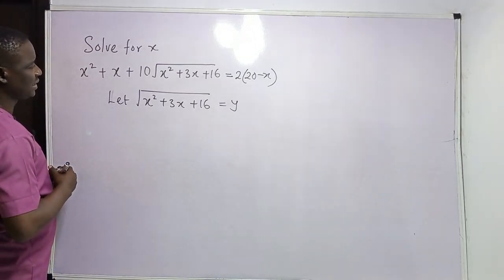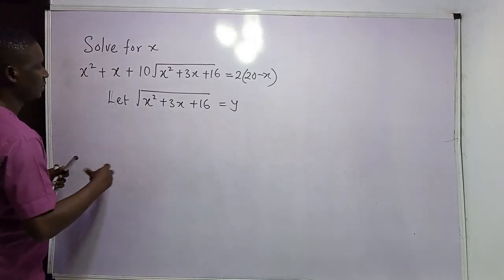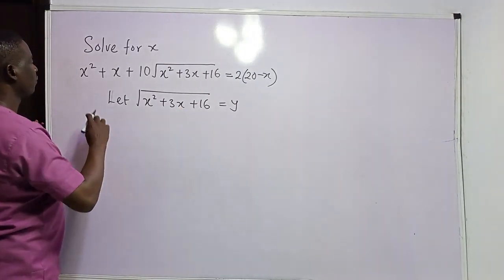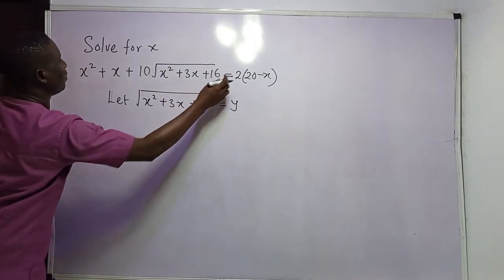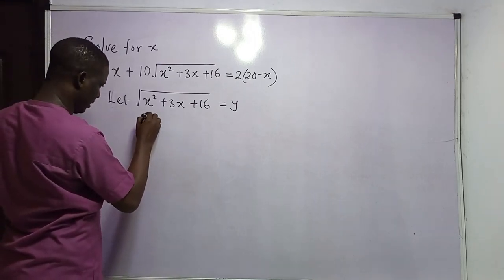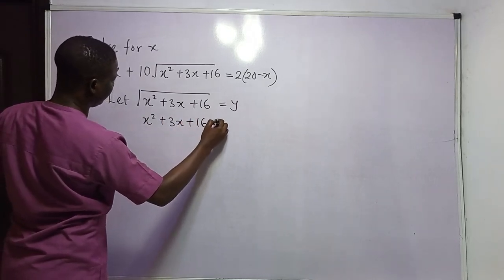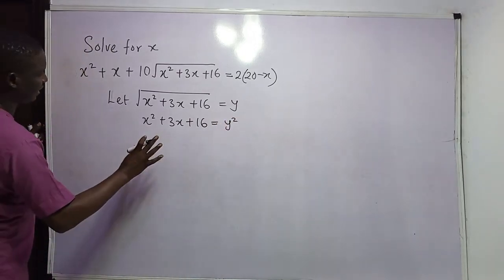So if this one is y, then x squared plus 3x plus 16 equals y squared. Leave that one like that.